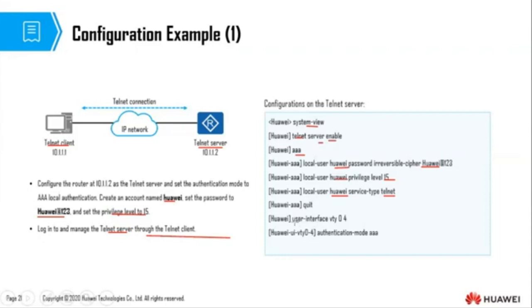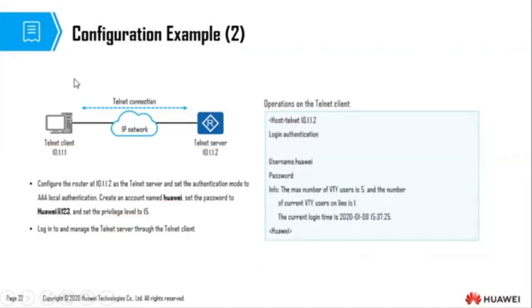After that, we can create the VTY interfaces 0 to 4. Then we choose the authentication mode as AAA. Once we've chosen that authentication mode, we don't need to set the password because when we created the user, we defined the password.